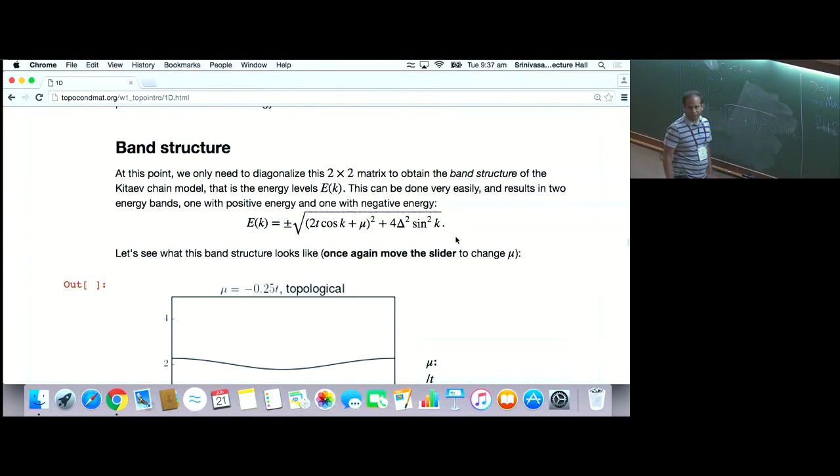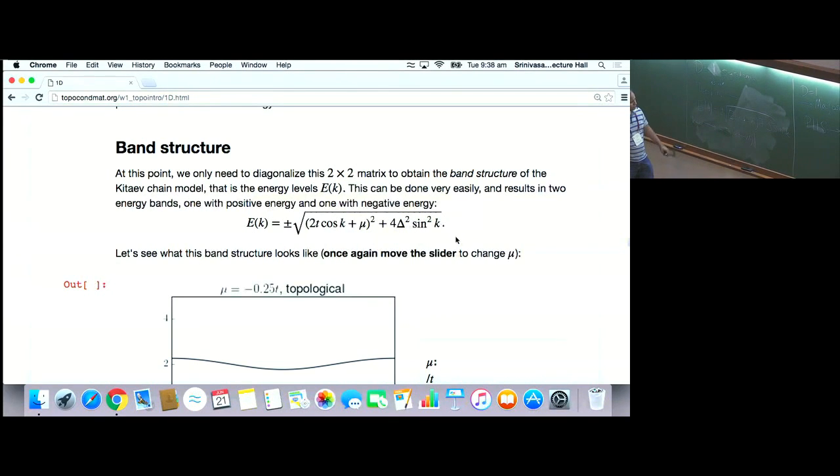This is the dispersion of the Kitaev chain. If I set k equals 0, then this just becomes plus or minus the modulus of 2t minus mu.